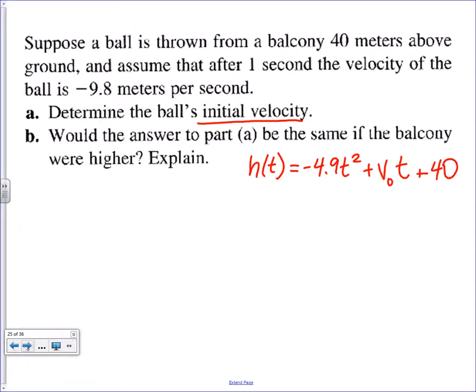So this looks like my function. Everybody doing okay? What else do I know? I know 1 second, and I know the final velocity, which means that's like my final answer, right?